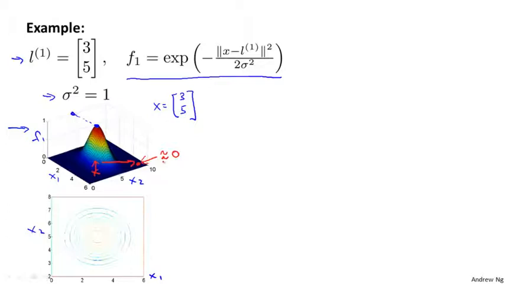And so f1 measures how close x is to the first landmark, and it varies between 0 and 1 depending on how close x is to L1.